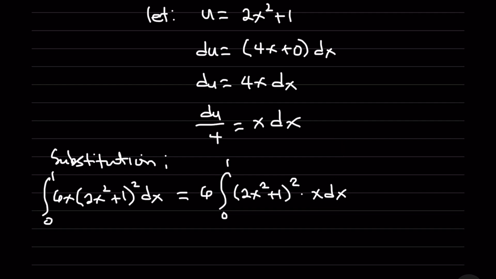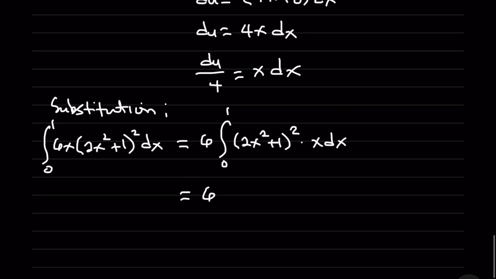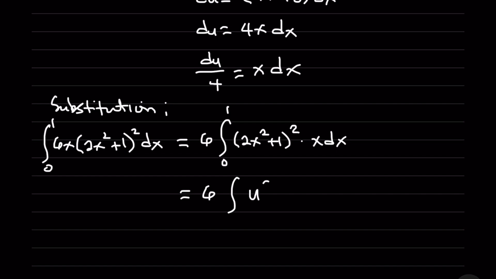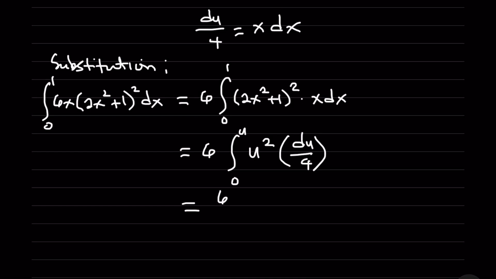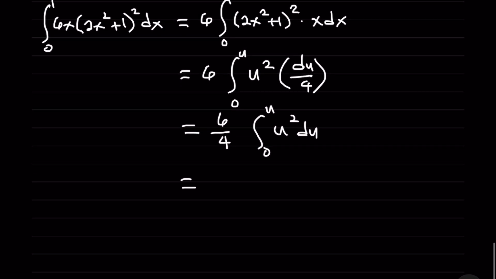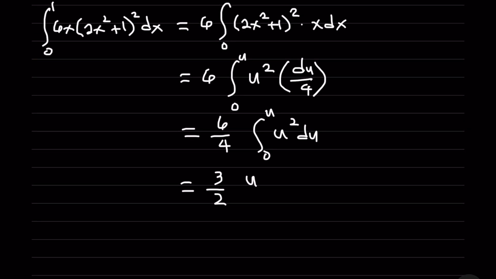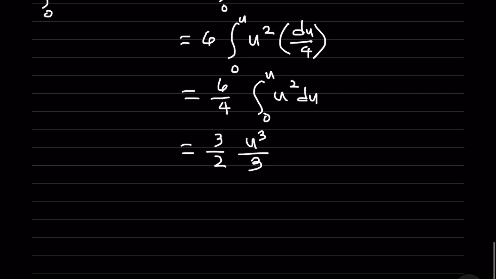Now x dx is equal to du over 4. All right. So we can write this as the integral of u raised to the second power times du over 4. So that's 6 over 4 integral of u squared du. We change the variable of integration, so from 0 to u.